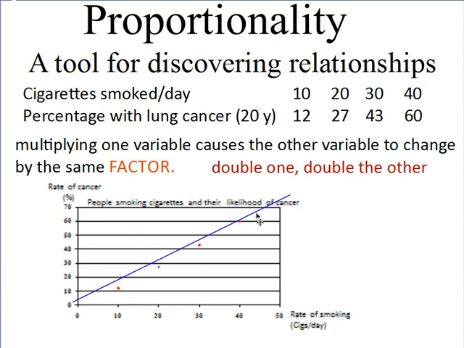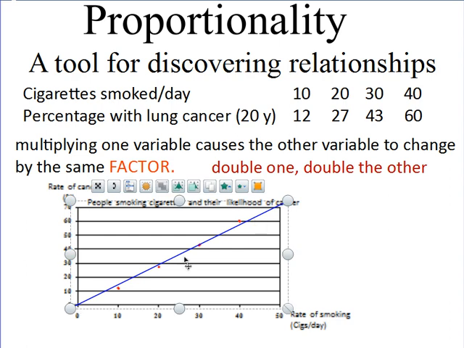But if that straight line you put through the data also passes through the origin, then, and only then, would we say it is a proportionality. Is it the case that double one, double the other? And that ought to be very clear in just a few minutes.